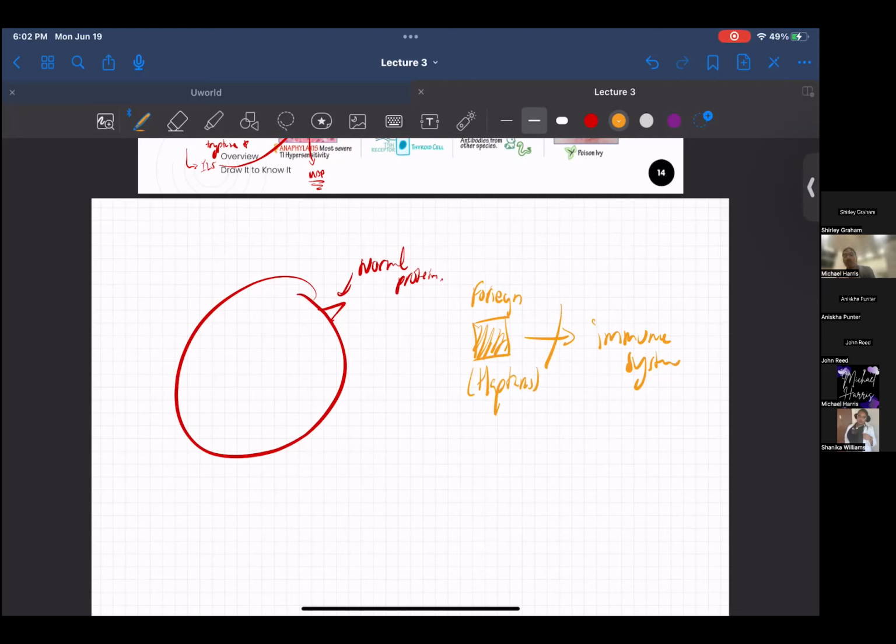So haptens are foreign antigens that are too small for the immune system to recognize them. Okay? Does that make sense so far? All right. Now, as a result, they bind to various normal proteins.